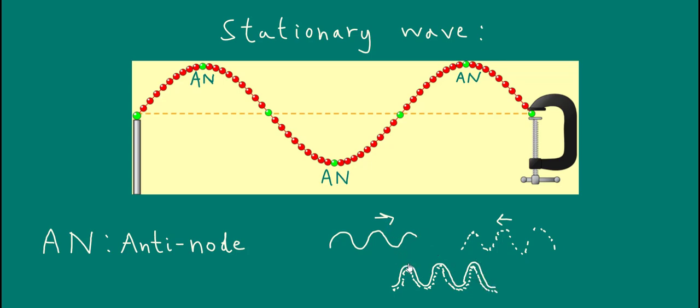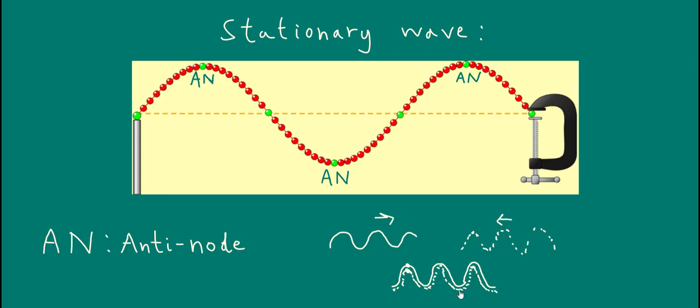So what have we got? Here we've got two crests. Recall from superposition, that means the net displacement of those two crests superposing is going to give rise to an even bigger crest. That would explain this antinode here.